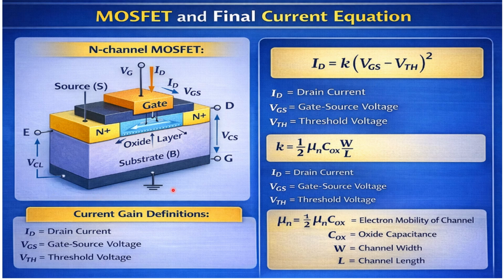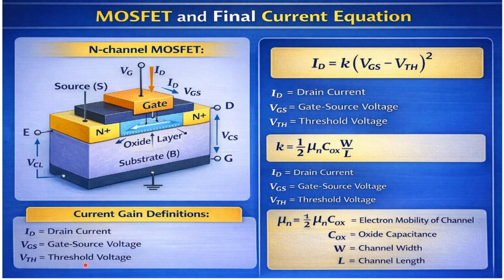From a construction point of view, your substrate is there, then the gate, and the drain and source are there. ID is your drain current, that is the amount of current that will pass from source to drain, and VGS is the gate voltage that will be applied to create the channel here. That helps to create the inversion layer in this region.